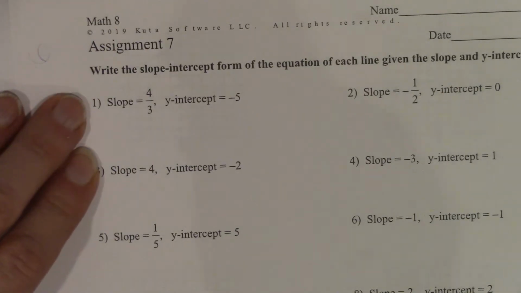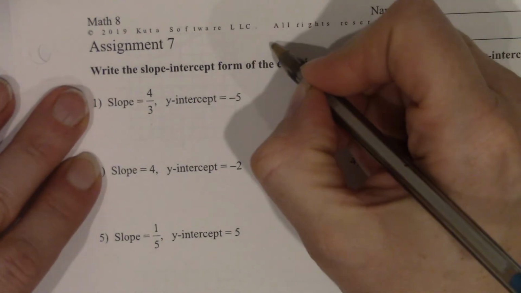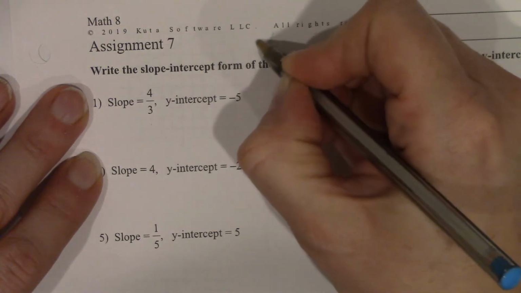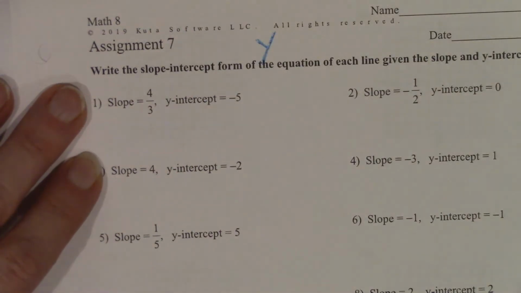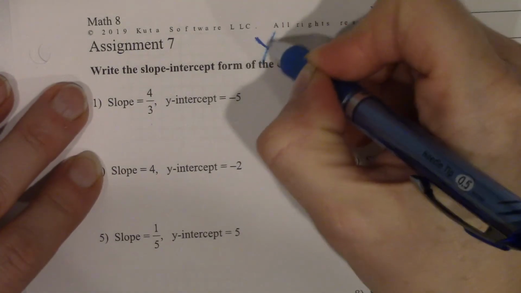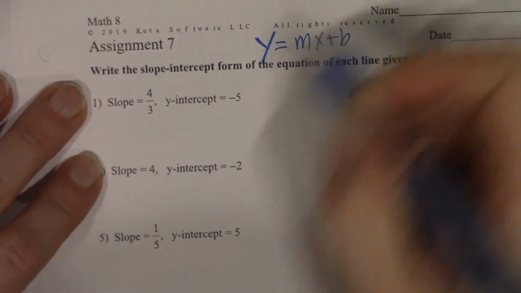So now we are given the slope and we're given the y-intercept, and all we have to do is write an equation. So just remember that your equation for a line is y equals mx plus b.